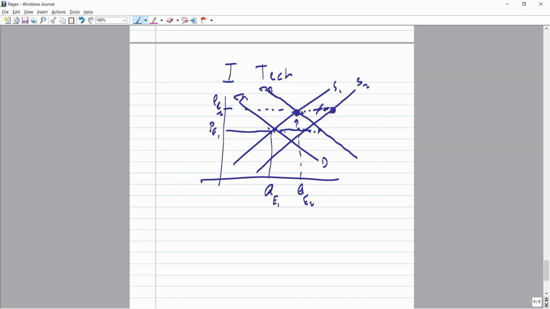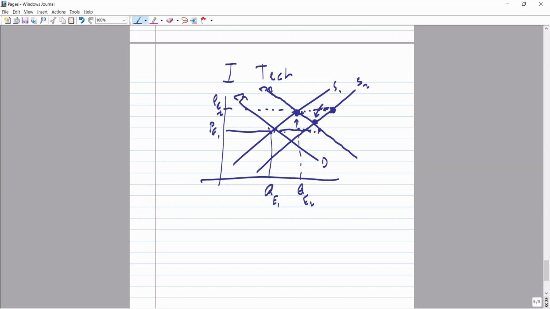And this will put downward pressure on the prices because the excess supply in the market will make suppliers offer lower prices to clear out extra products in the market. So more consumers will demand, and this will make us reach a newer level of equilibrium, which is here.